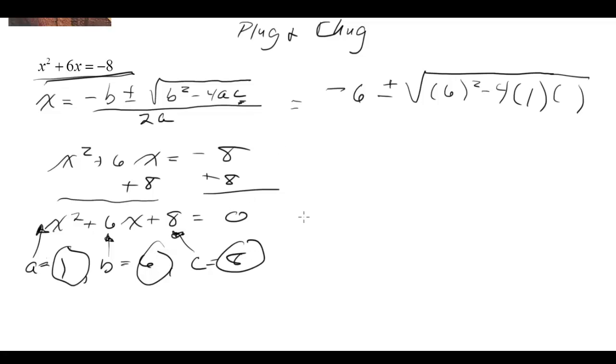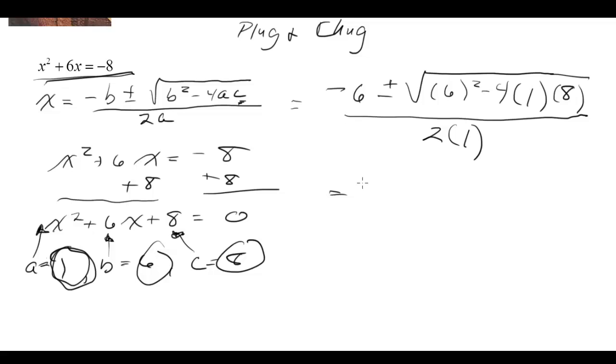What's c? c is 8, so I put in an 8. And what am I left with? 2a, and a, I already knew, it's 1. All right, that's all the heavy lifting. The heavy lifting is just remembering the formula and remembering what numbers to plug into the formula. Now we can hand this over to our fifth grade brother or sister, and if they know how to use a calculator and the square root button, they can do the rest of this problem.